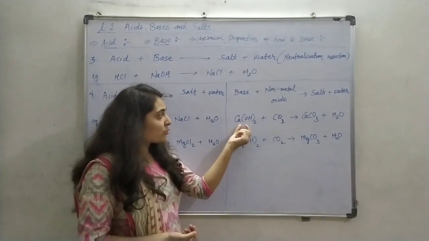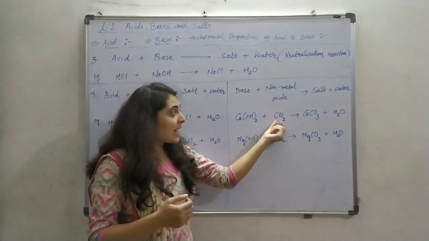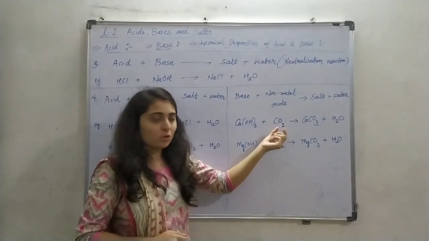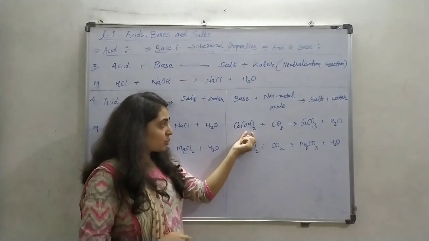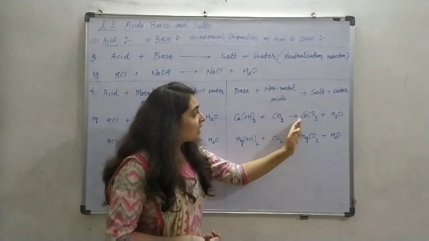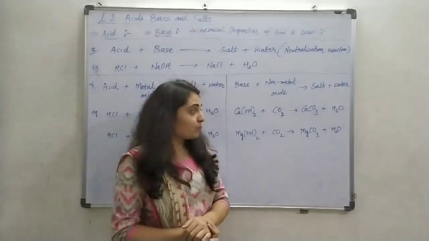Example, calcium hydroxide, Ca(OH)2, is a base. Carbon is a non-metal, so carbon dioxide, CO2, is a non-metallic oxide. So Ca(OH)2, calcium hydroxide, plus carbon dioxide makes CaCO3, that is salt, and water, H2O.